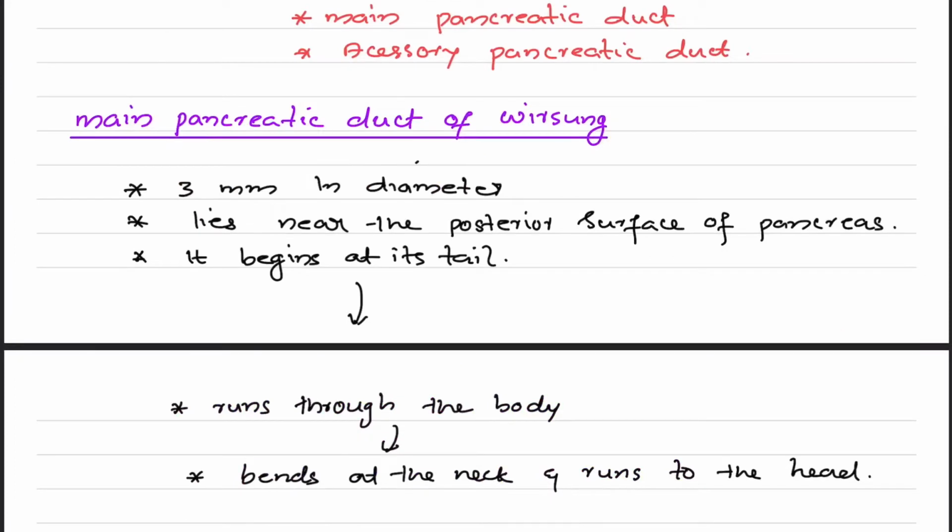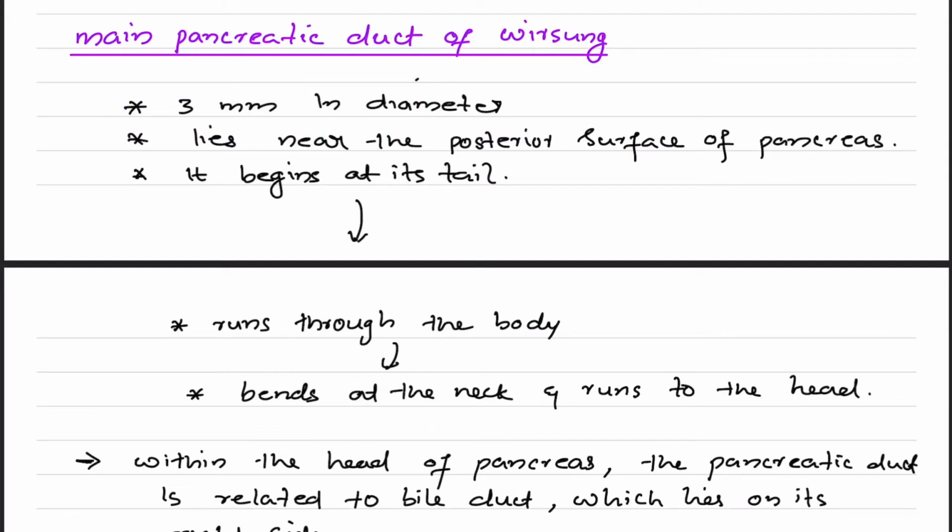The main pancreatic duct of Wirsung is 3 mm in diameter and lies near the posterior surface of the pancreas. So the main pancreatic duct is situated near the posterior surface of the pancreas, not in the bulk of the pancreas. Okay, of course it's inside the pancreas but close to the posterior surface.